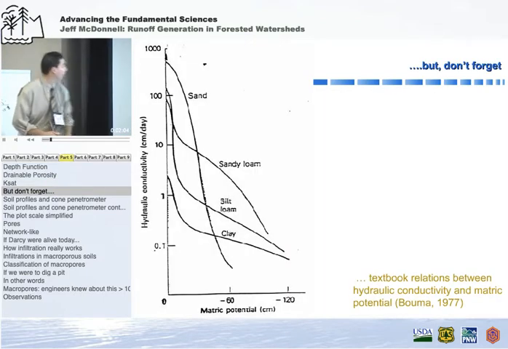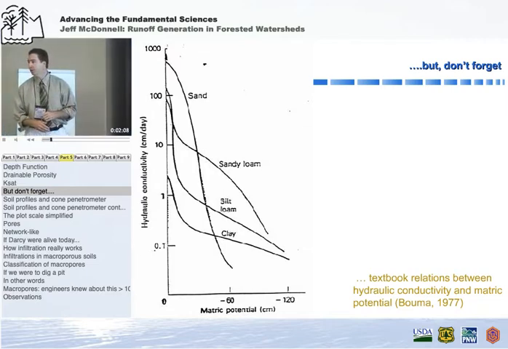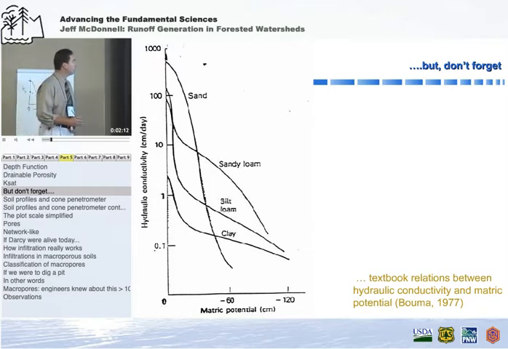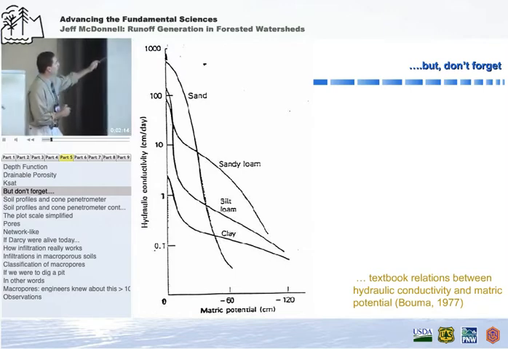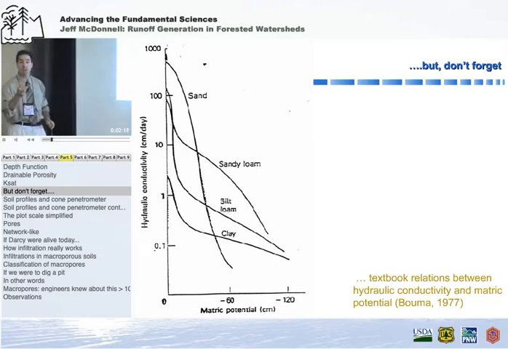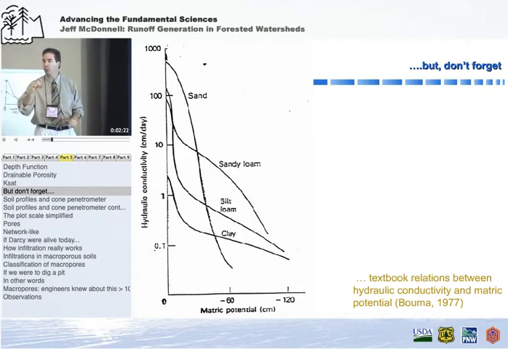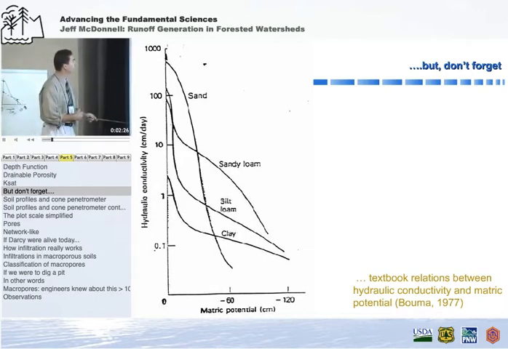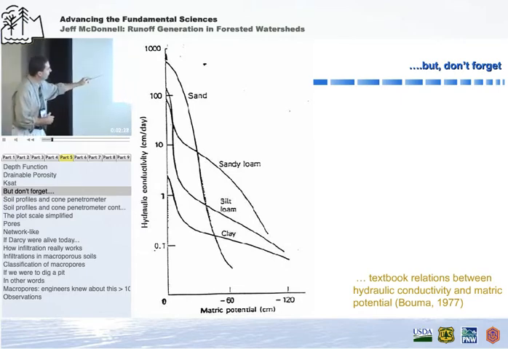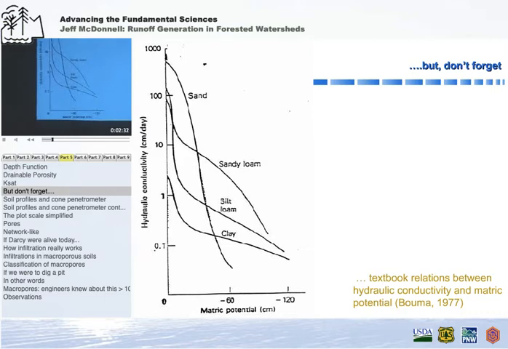So one thing to not forget, and this is what I referred to earlier, is that when we talk about saturated hydraulic conductivity, we do need to keep in mind that while it is an important measure and is often critical for turning on lateral flow on the slopes when we get zones of positive pore pressure that might develop, when we begin to desaturate the soil, the hydraulic conductivity drops really steeply.